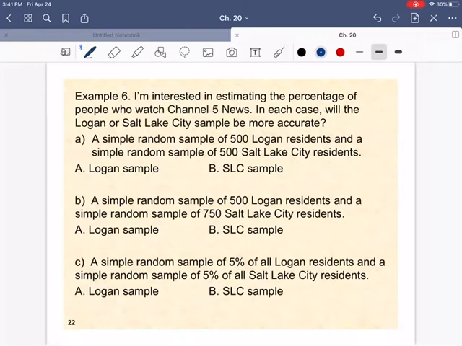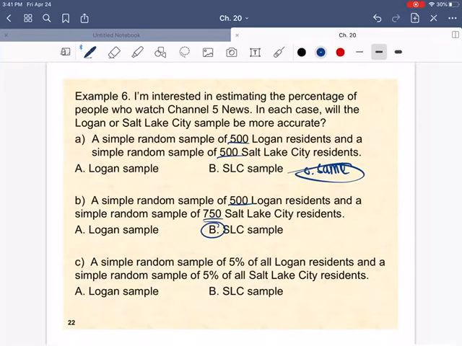Okay, so I'm interested in estimating the percentage of people who watch Channel 5 News. In each case, will the Logan or Salt Lake City sample be more accurate? Sample 500 Logan, 500 Salt Lake. There should be an option C on this where it's the same accuracy. Okay, I sampled 500 Logan, 750 Salt Lake. I sampled more in Salt Lake than Logan, so it's going to be more accurate.